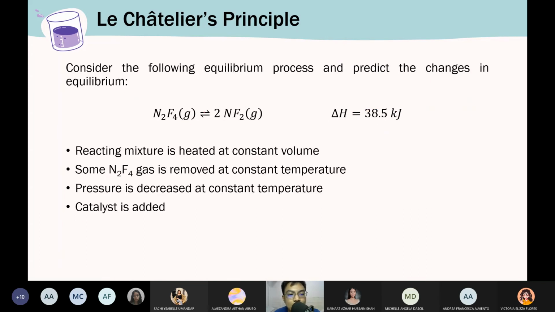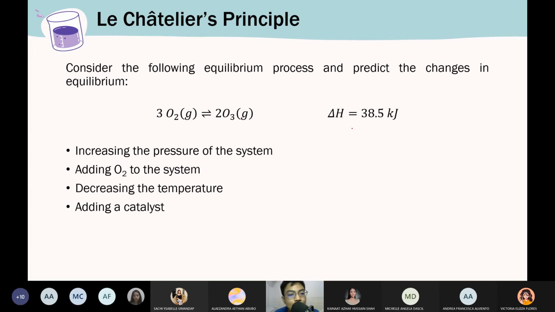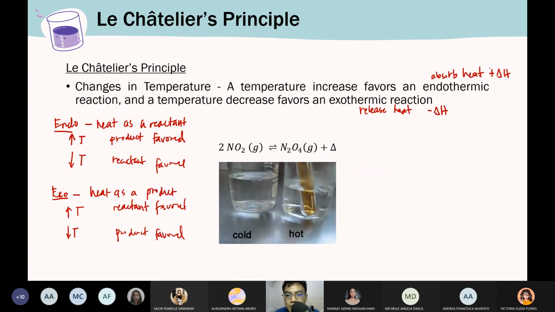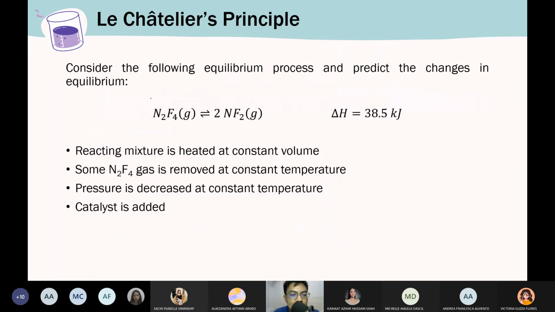Okay, so anyway, I'll answer this very quickly. So as you can see, delta H is positive. So kapag positive, ano sabi natin? If delta H is positive, that's endothermic. So we can imagine heat as your reactant. Okay?